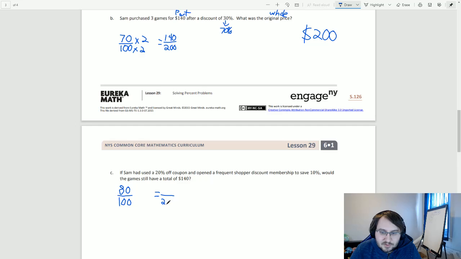So let me put my 200 down here, because that's my whole. And I need to find my numerator. Well, this is super easy. Just like what we did up here, if I multiply my 100 by 2, I'm going to get my 200. That means I'm going to have to take my 80 and multiply it by 2 as well. My 80 times 2 gives me 160. So with 20% off, I'm at 160.